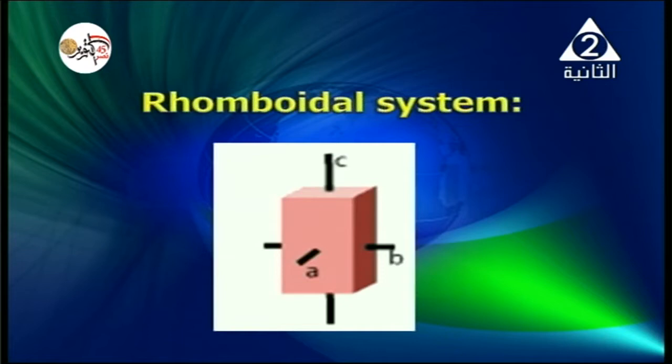Now, my dear students, we go to the rhombohedral system. It is similar to the cubic system, but the three axes are not equal. So we have the smallest one, which is A, and in the width side is B, and the long one is the C axis.